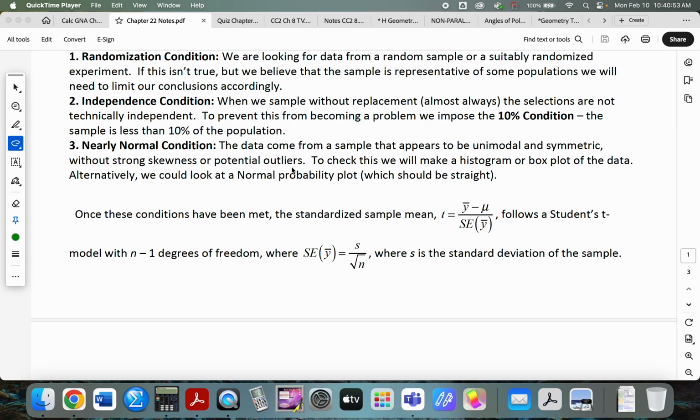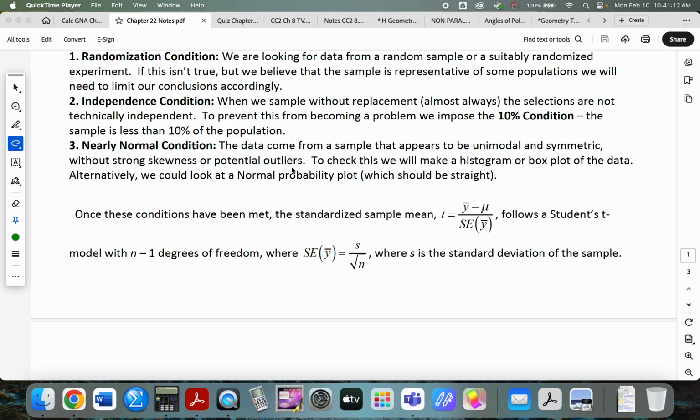Remember when we looked at this before, if you had something that was bimodal and you took a big enough sample, the distribution starts looking unimodal, right? The sample means when you take the sample over and over and over again. So you want to have a sample that looks that way.